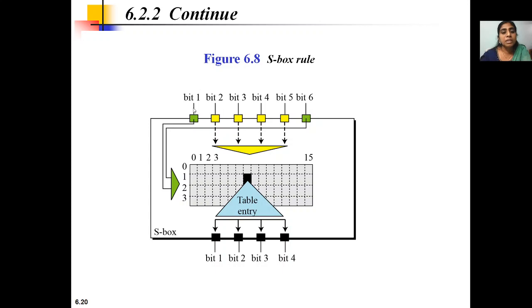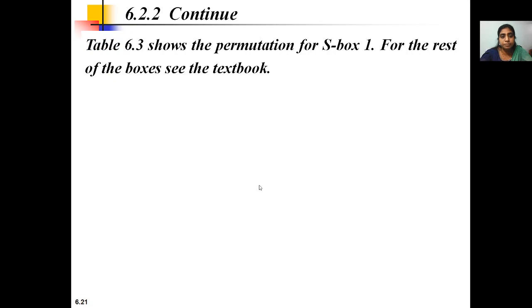Since we have 2 bits for the row, we have 0, 1, 2 and 3 as the row values, and 0 to 15 become our column values. So based on this we are going to take the entry. The output of that particular table becomes the 4-bit output. Let us see the example.